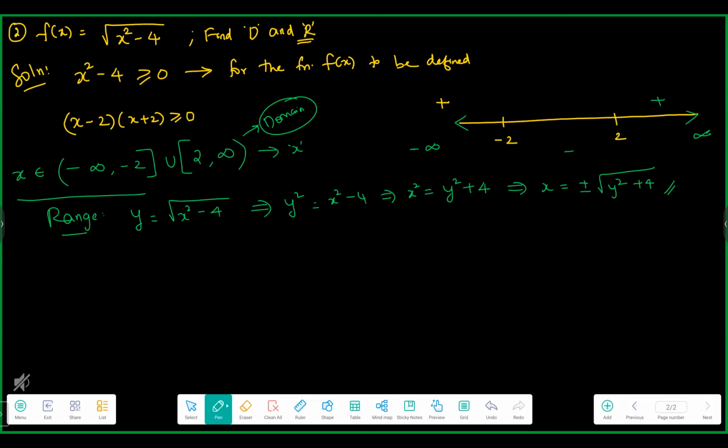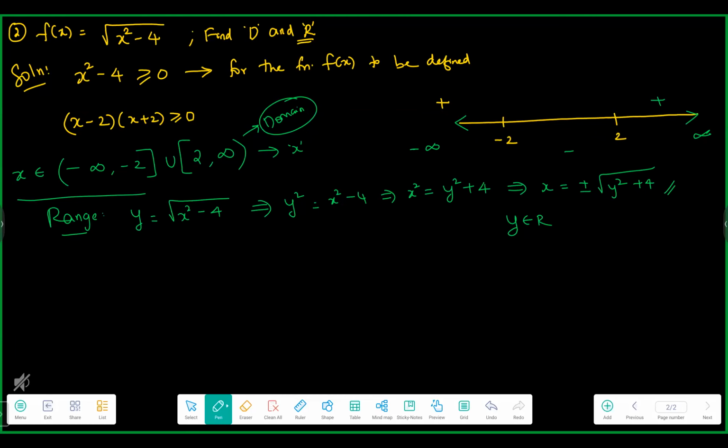Right. So can you tell me what will be the value of y that belongs to? So here it says y belongs to all real numbers, right?